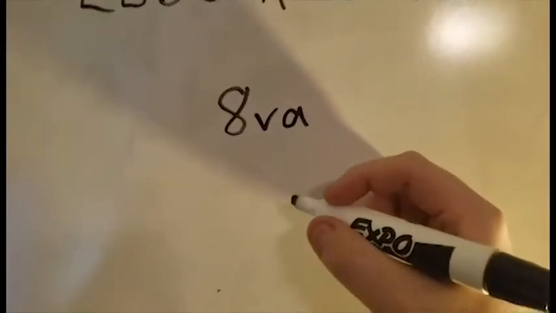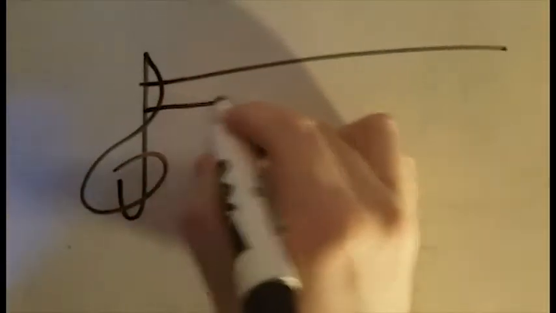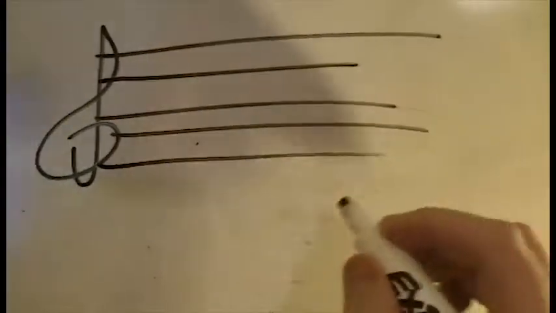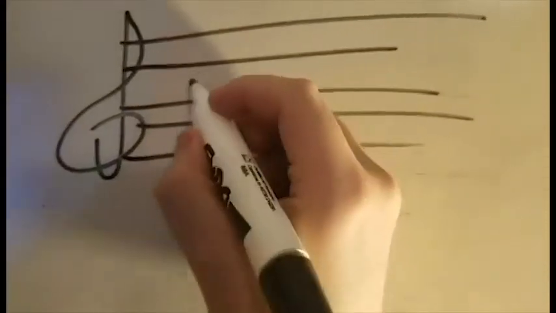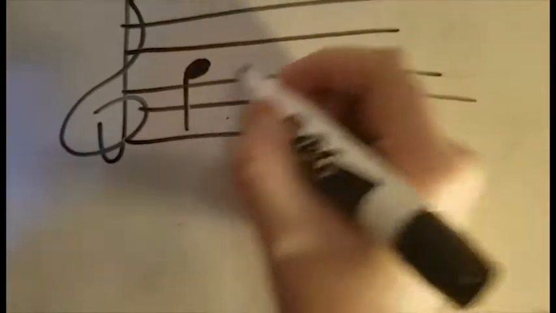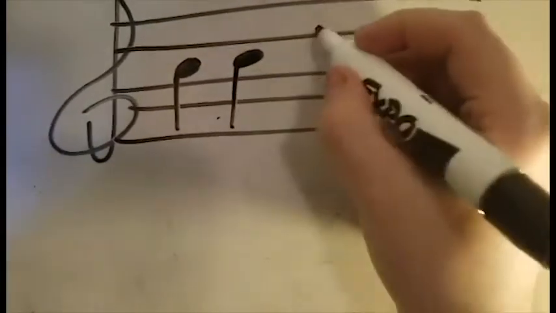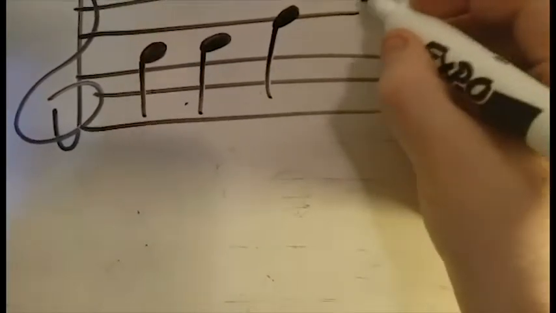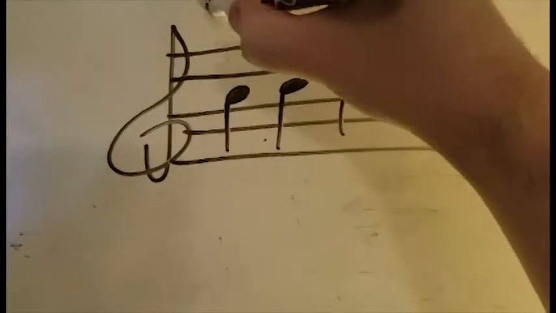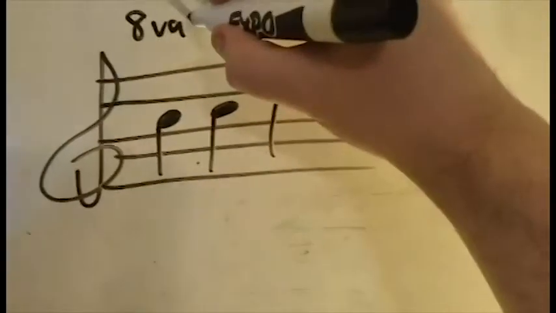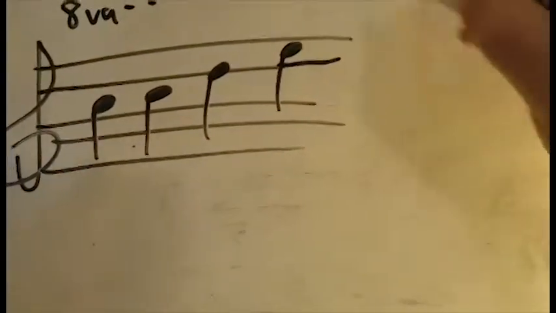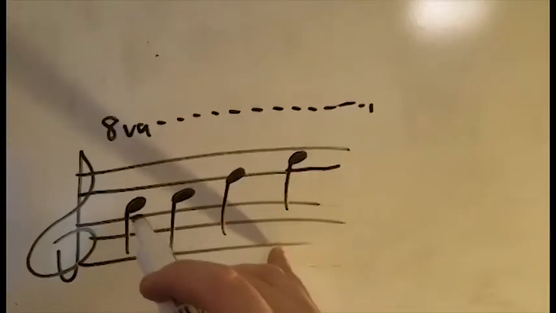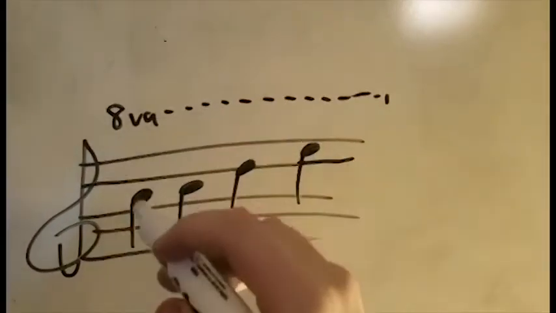Basically, let's say you have some notes here, again defaulting to treble clef, but it can be anything. Just any kind of sequence. And the music might have this written, so that would mean that it's written an octave above.